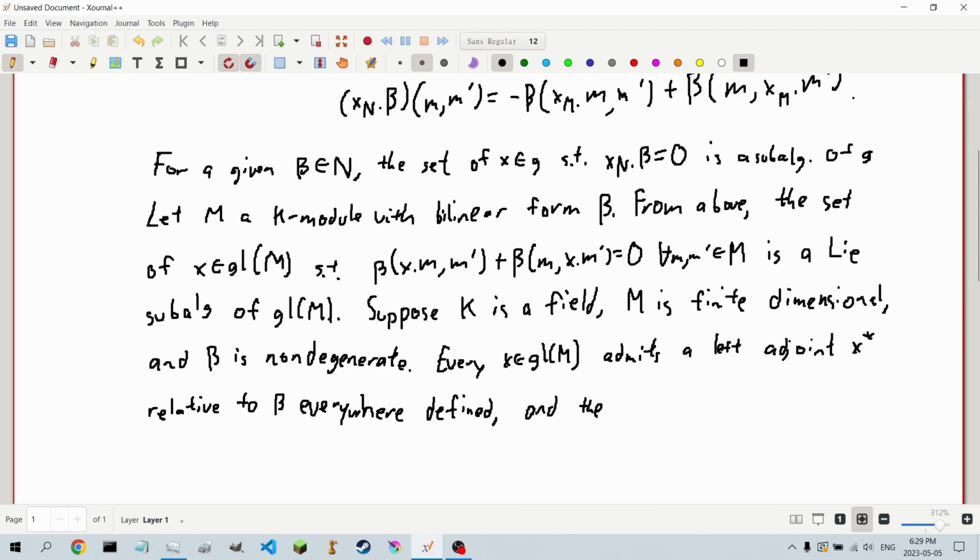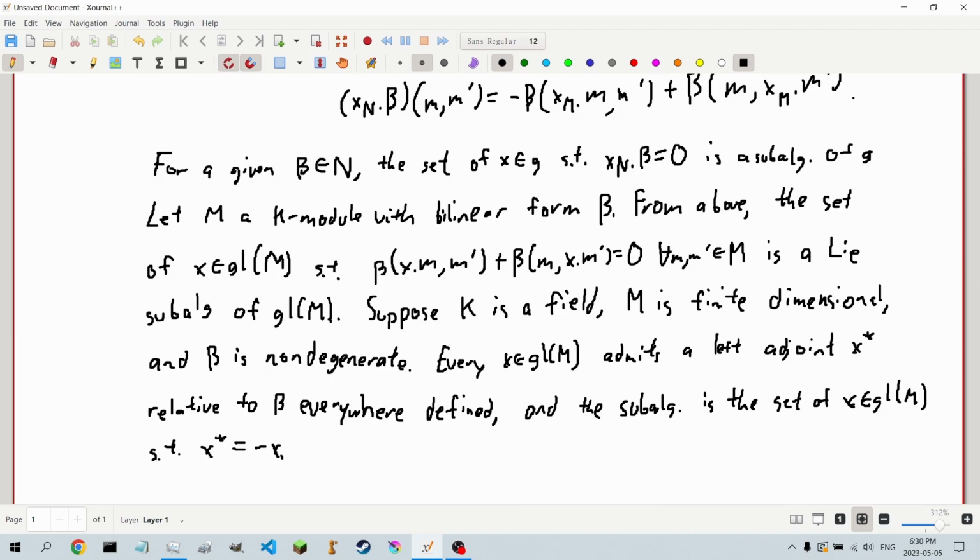And the subalgebra from above is the set, I always try to write that as one word for some reason, of general linear Lie algebra elements X such that their left adjoint is just negative X. So you see here, when x switches over, switches sides in beta, it turns the whole thing negative.